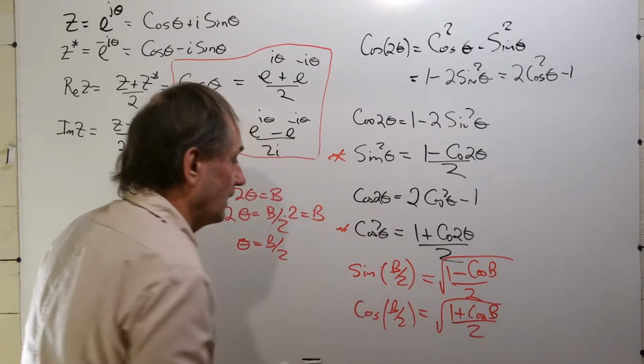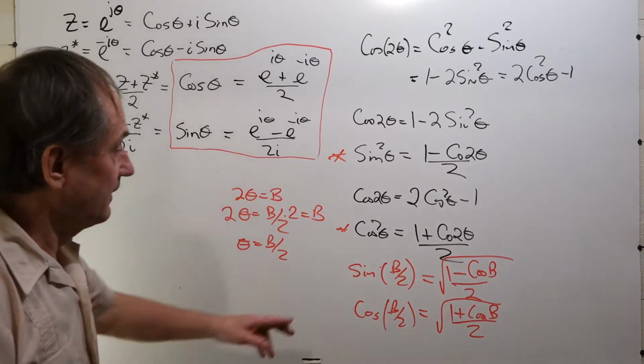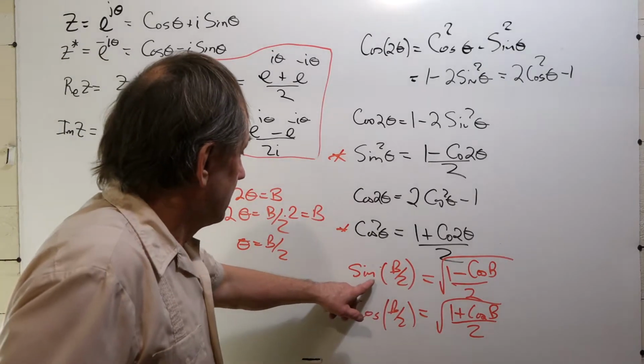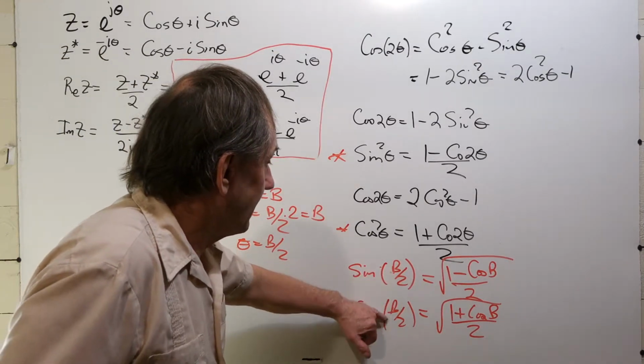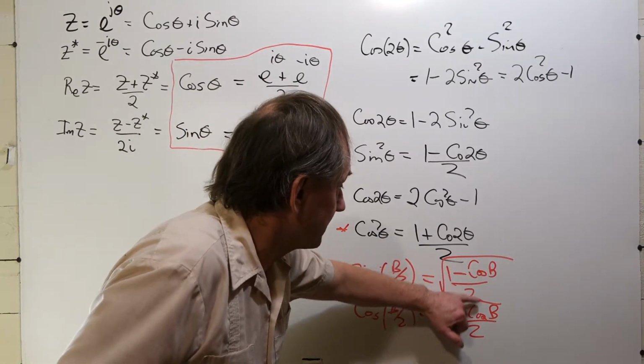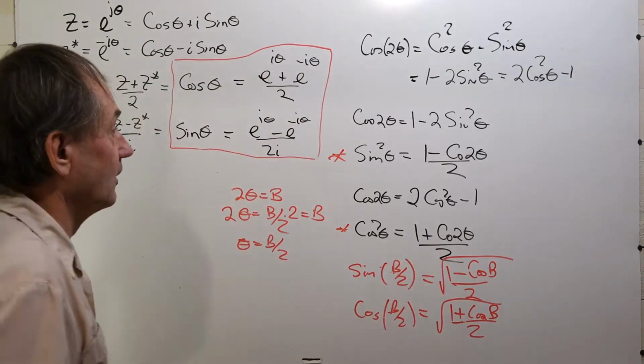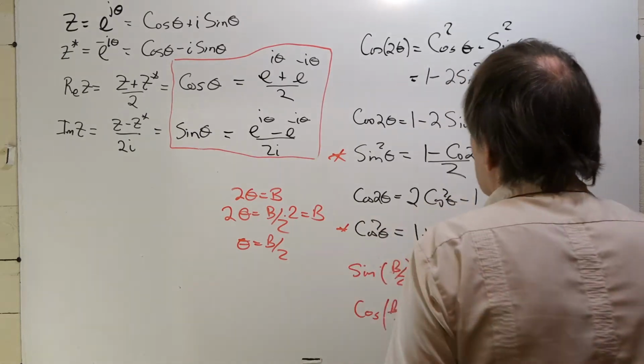And these are called our half angle formulas. That is, we can get the sine and the cosine of 1/2 the angle in terms of the sine and the cosine of the angle. And that just follows by making this substitution.